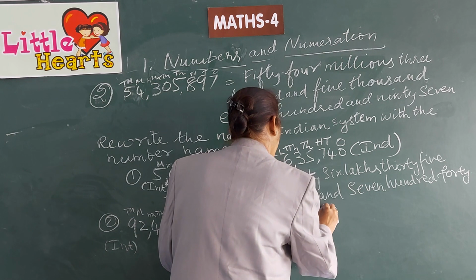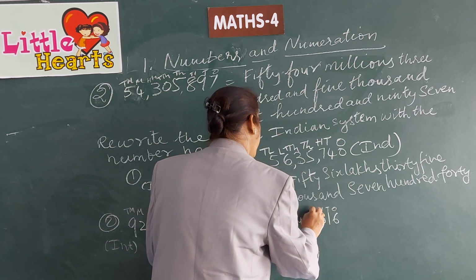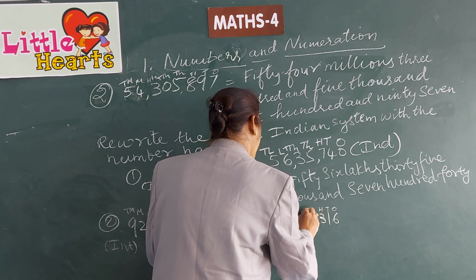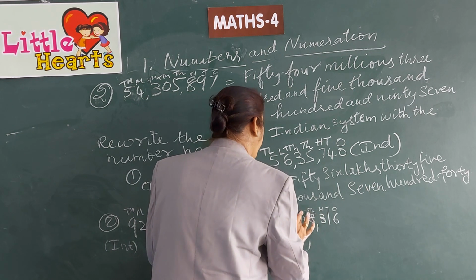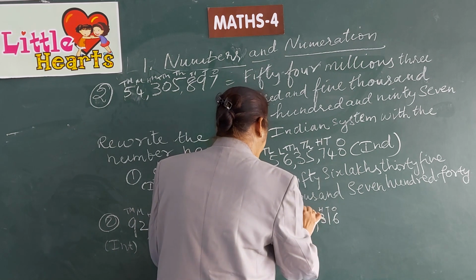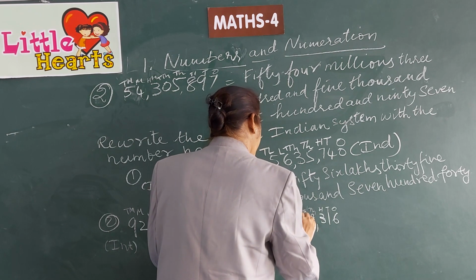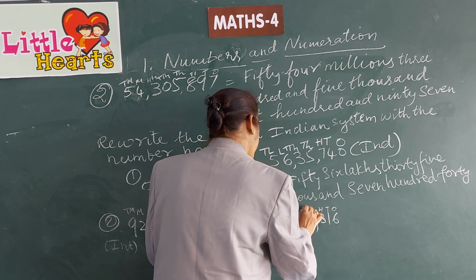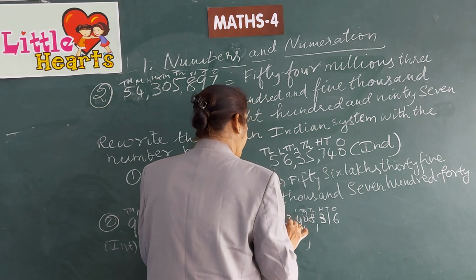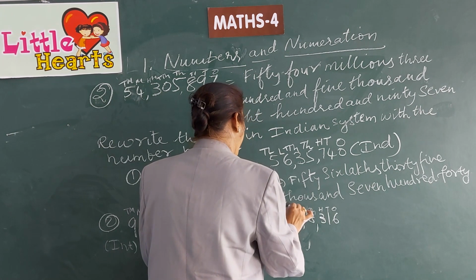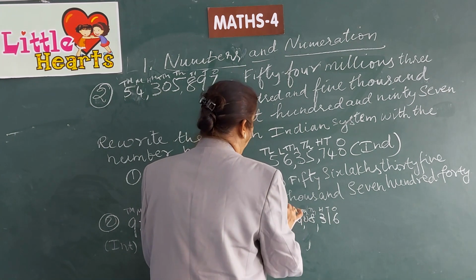Ones, tens, hundreds, thousands, comma, 10,000s, lakhs, 10 lakhs, crores.